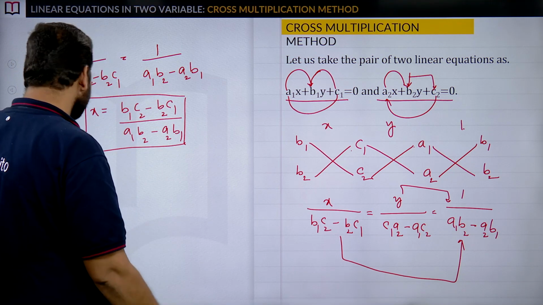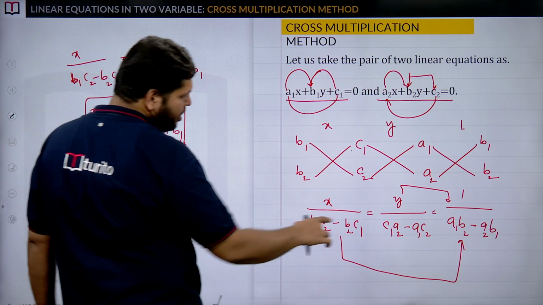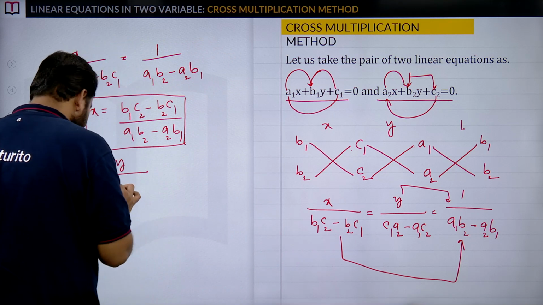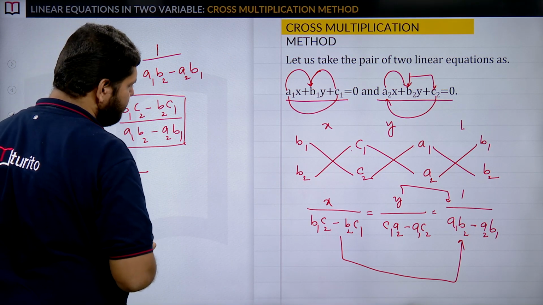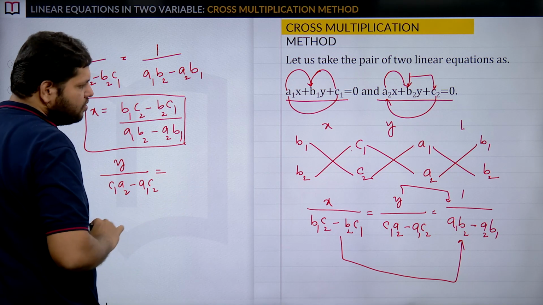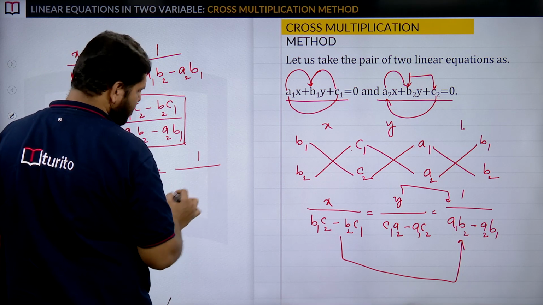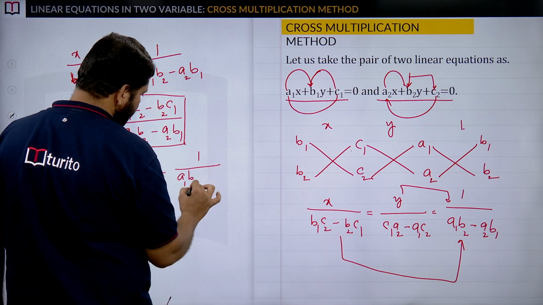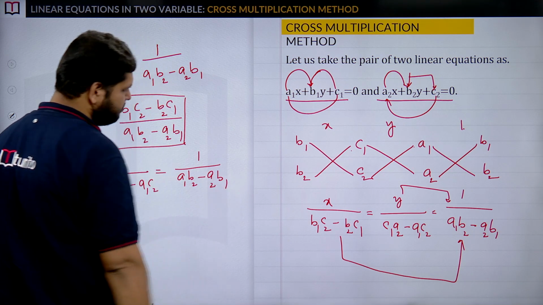Okay. The same way, children, we can write the y value also. So we can write y by, here the denominator for y is c1 into a2 minus a1 into c2, is equal to, and what is the constant term, 1 by a1 into b2 minus a2 into b1.